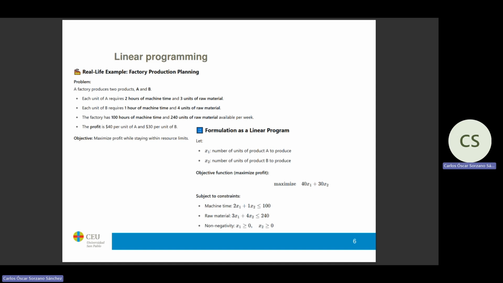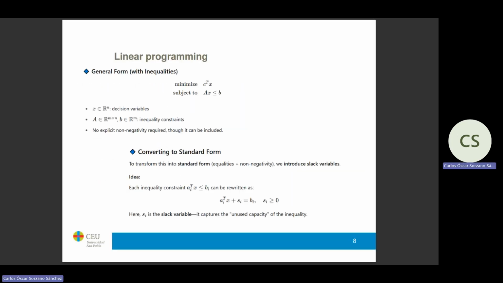So how can we transform an inequality problem into an equality problem? The trick is to use something called slack variables. I will extend the problem to include some other variables that are this slack.